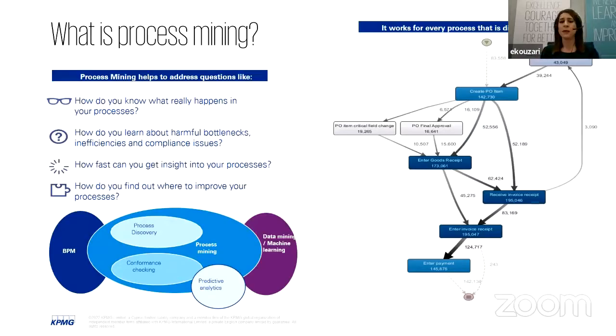Now, on the right part of the screen, you see a picture of a process map. We will be seeing some more of this later on, but just to get you on board, let me explain that on the screen here we have a process map. In the nodes, we have the process steps that take place within a process, and every edge from one node to another corresponds to a process step.